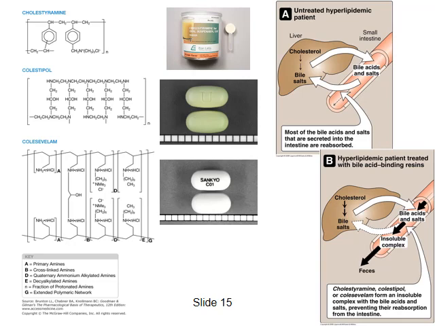So most of the bile acids and salts that are secreted initially are reabsorbed. However, when a resin like cholestyramine is given, that bile acid precipitates out. It forms an insoluble complex and is no longer reabsorbed.